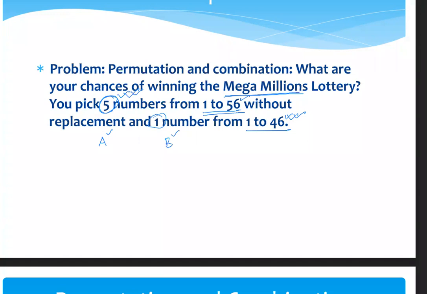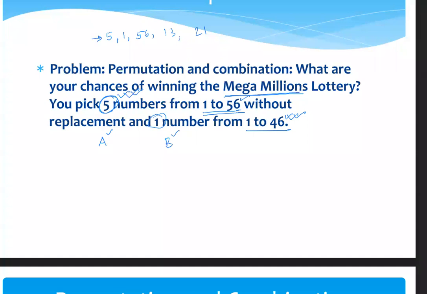All right, so let's say 1 through 56. I'm just randomly picking numbers. You pick 5, then you pick 1, then you pick 56, you pick 13, and you pick 21. I just picked 5 different numbers. This is one way of selecting.